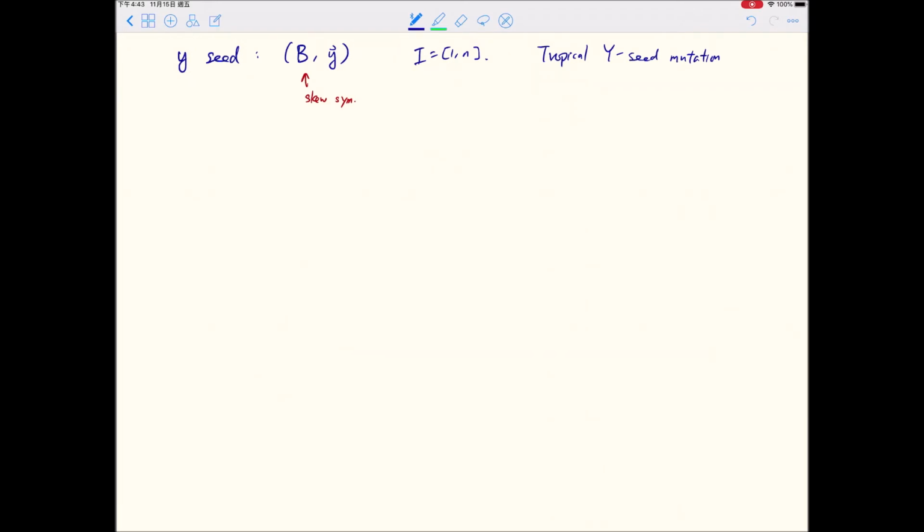In particular, the variables we are considering will lie in the subtraction-free expressions of y1 to yn. I mean, all the tropical Y seed variables will be subtraction-free expressions in y1 to yn, and we can actually tropicalize the variables. So this will be our tropical field.